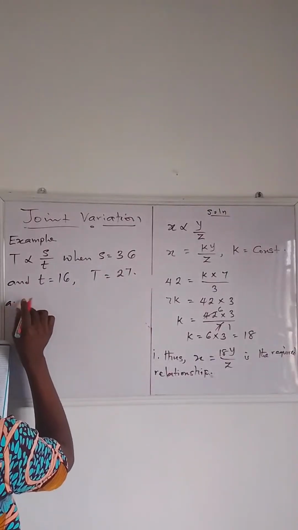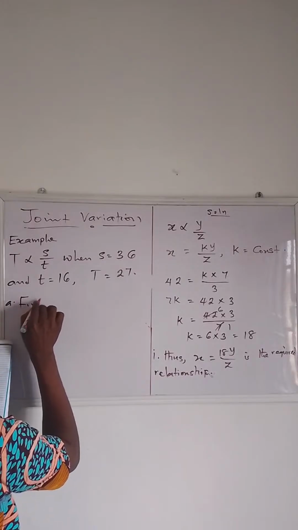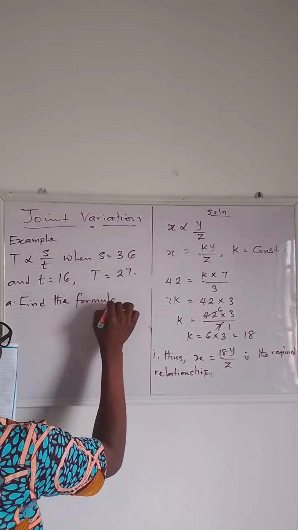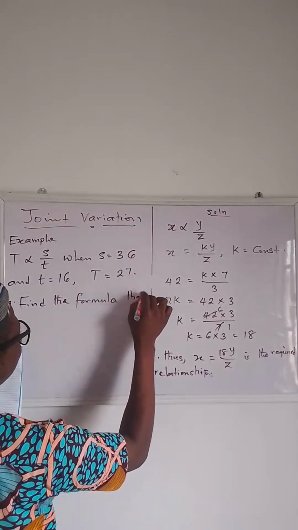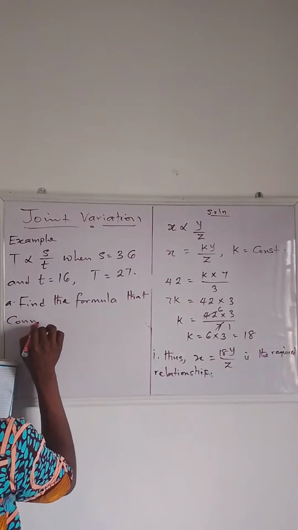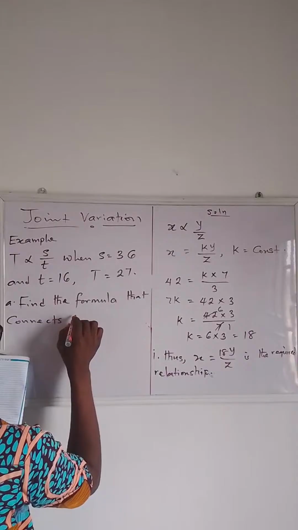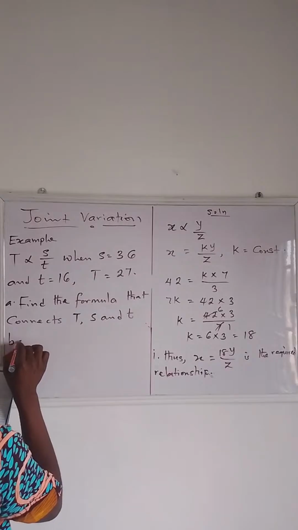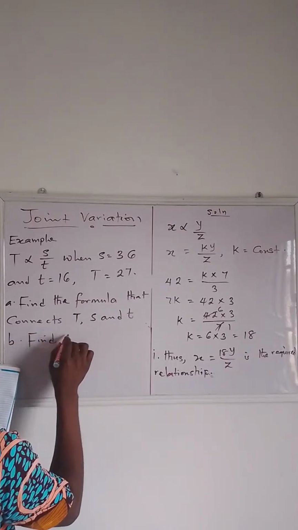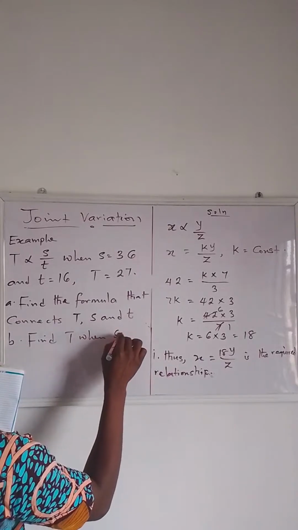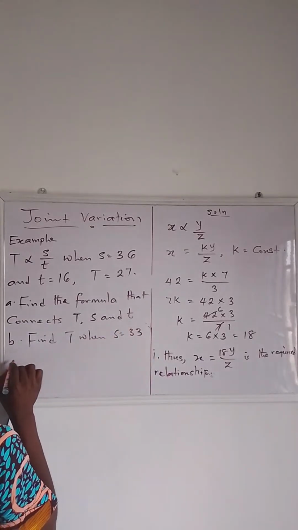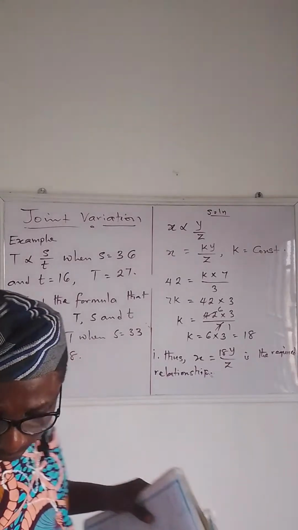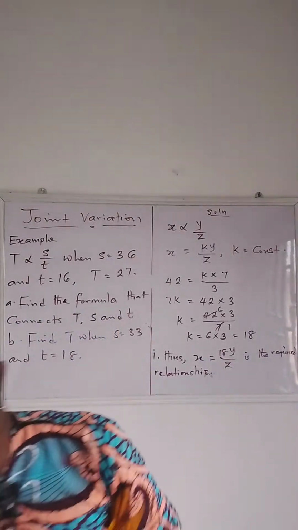Now, A, find the formula that connects T, S, and t. And B, find T when S equals 33 and t equals 18. Okay, this is another example of joint variation.